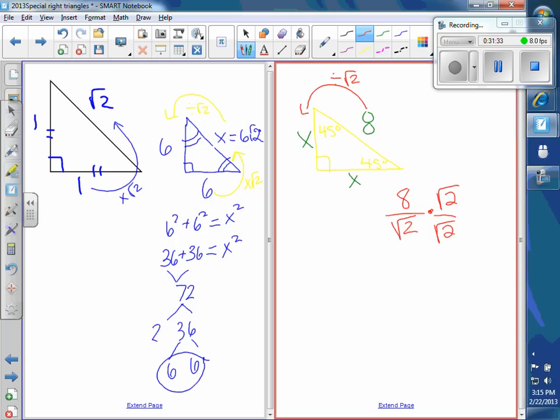You don't usually, and I say usually because sometimes in calculus you do, you don't usually want a square root on the bottom. So you multiply by this value, which is just 1. And you end up getting 8 root 2 in the top over 2, which is the same as 4 square roots of 2. So x is 4 square roots of 2.